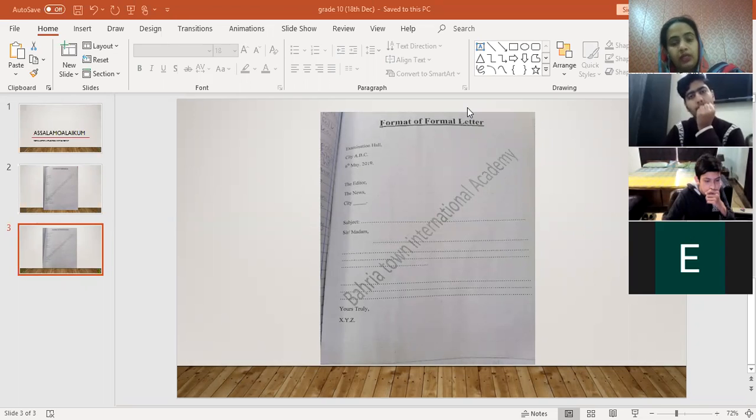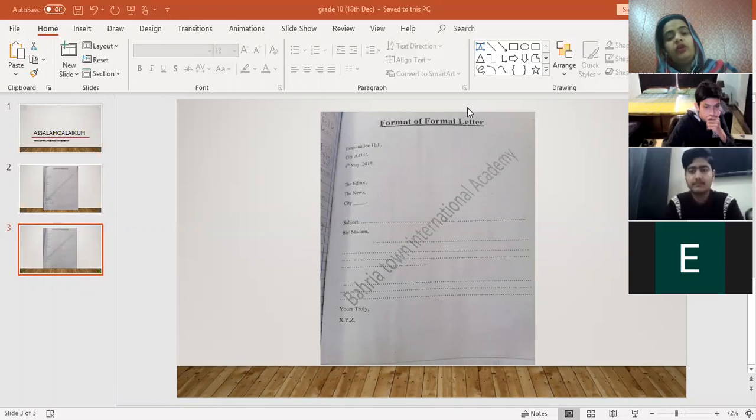Then the other one is called the outside address. Outside address means to whom you are writing, to whom you are sending the letter. For example, you are writing it to the editor. Informal letters are basically written between people of the same designation, and they are not written for requests. So if you are writing it to the editor, you will write: the editor, comma, the news, comma, and the city.